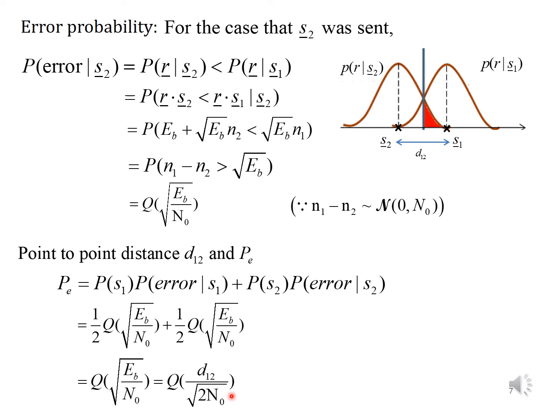So let's note this Q function, this error probability. If you compare this with the previous example, the binary PAM, which is larger, which is smaller?